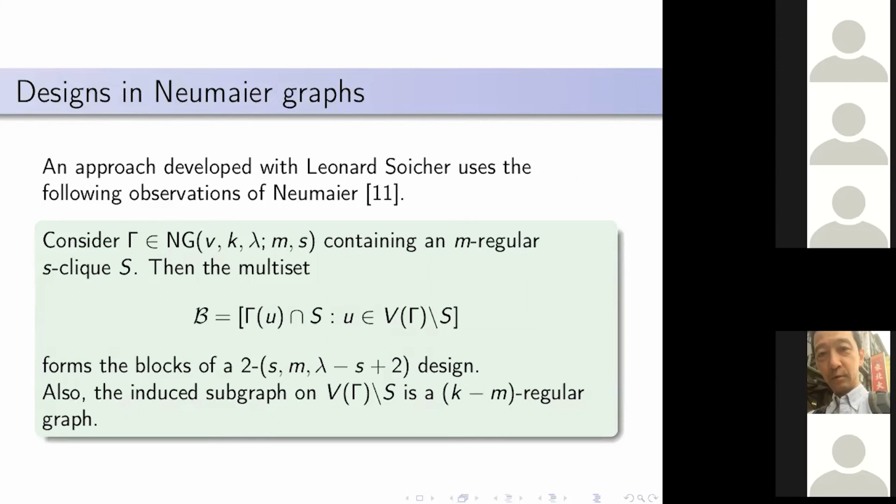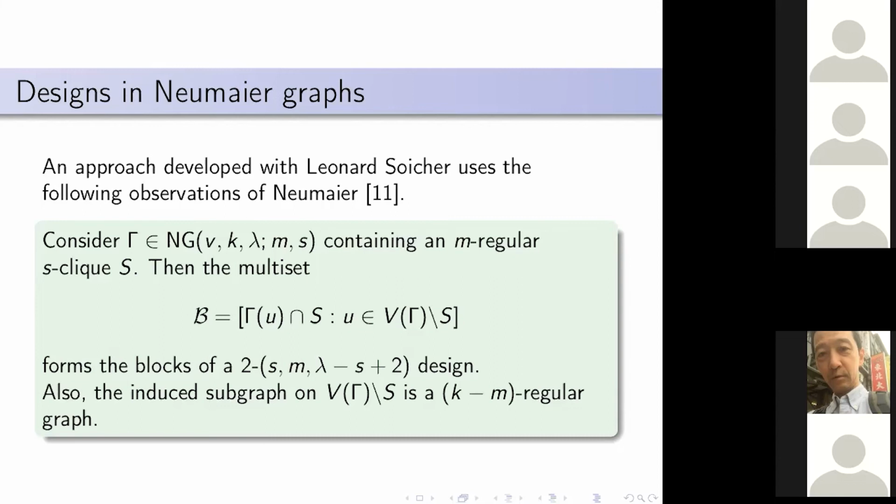But if you take the multiset of these adjacencies within the clique, then these can form the blocks of a 2 design with these parameters.